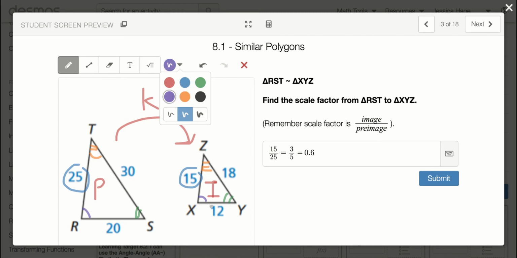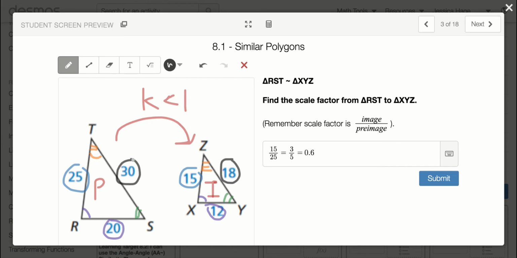So you can also get 3/5 by doing 12 over 20. Those both share a 4 in common. Or we can do 18 over 30. And those both share a 6 in common. Okay, so no matter how we set up our fraction, our scale factor is going to be 3/5 or 0.6.